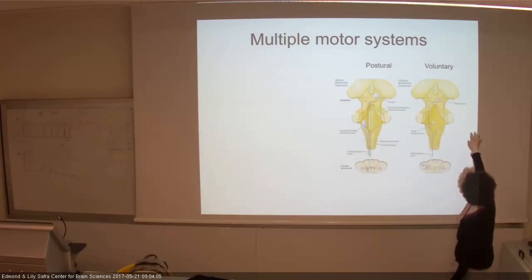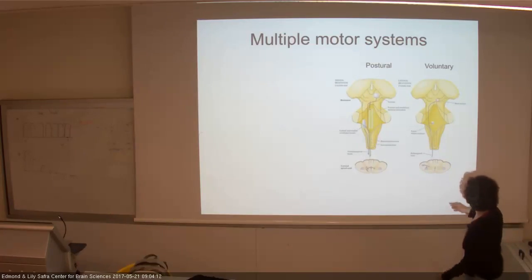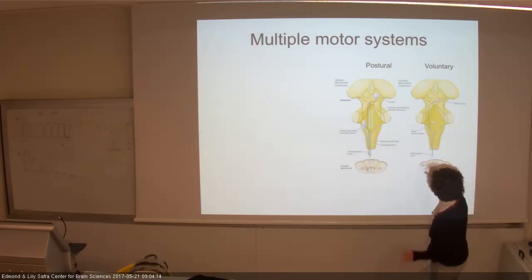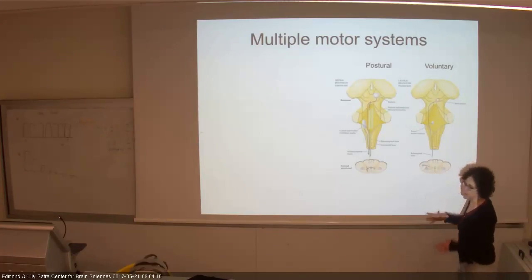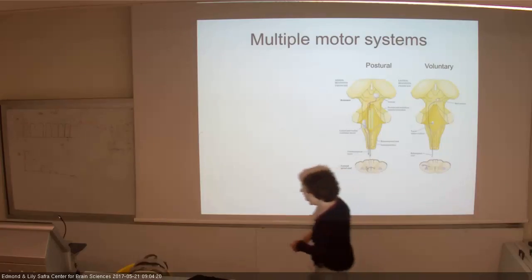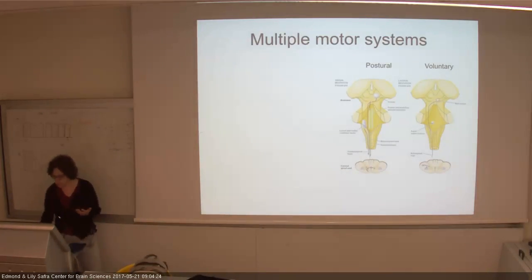We then described the rubrospinal tract, which is part of the voluntary control, and that terminates at the spinal level at the lateral portion of the gray matter where motor neuron pools of distal muscles are located.